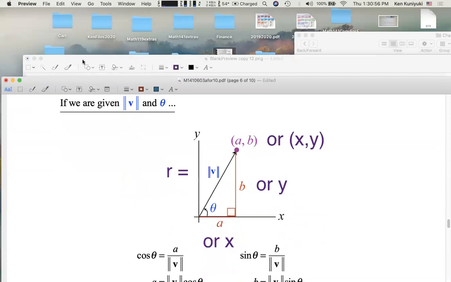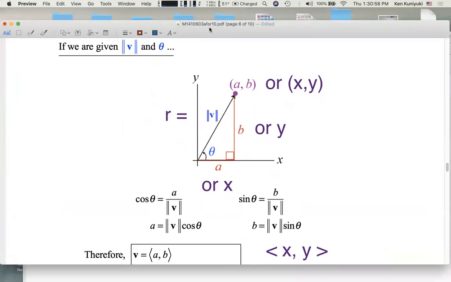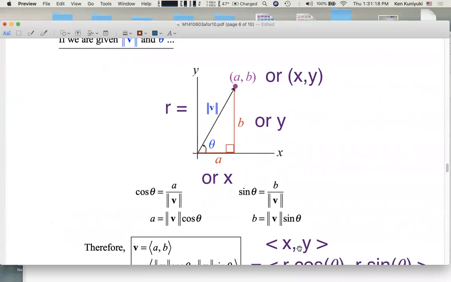All right. Now, we saw this stuff back in section 6.3 when we were talking about vectors. So look here. We have here a vector v, and we're looking at its position vector representation, where the initial point is at the origin, and the terminal point is the point a comma b, or x comma y. Let's say that this vector is x comma y, and we can represent it as this position vector from 0, 0 to x comma y.